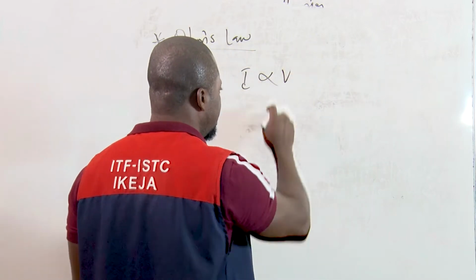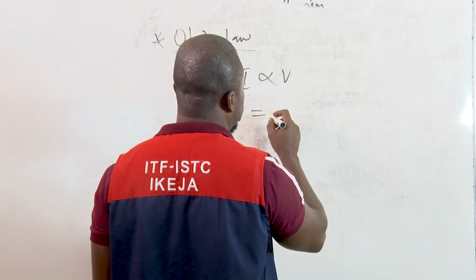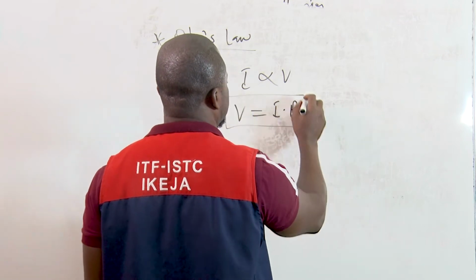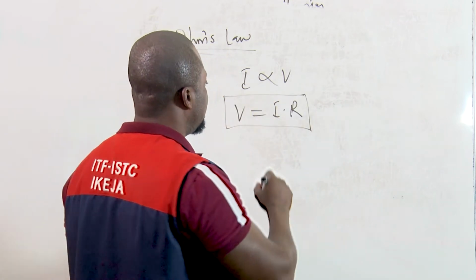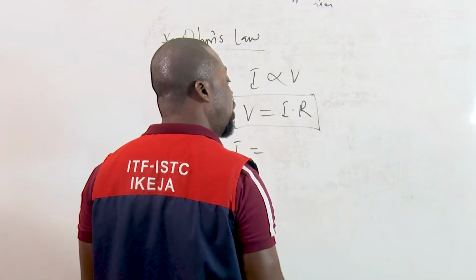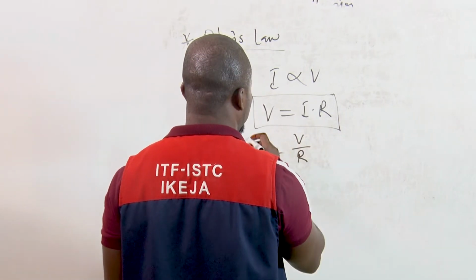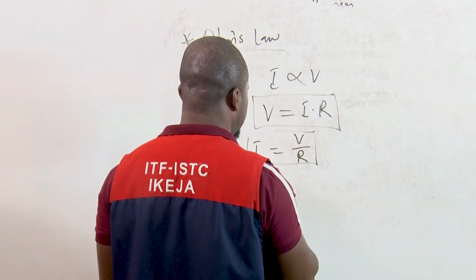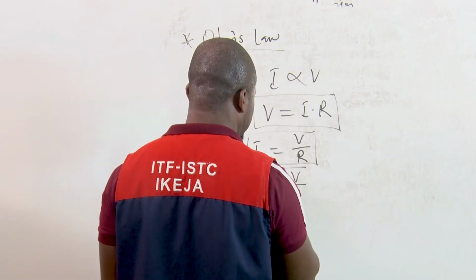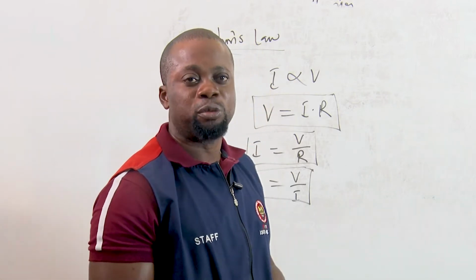So in all this, we are talking about current directly proportional to voltage. Mathematically, Ohm's law at a constant value, V is equal to I times R. In transposing this, we have I, current, to be V over R. And also, you can have R as V over I. These are basic mathematical expressions when it comes to Ohm's law.